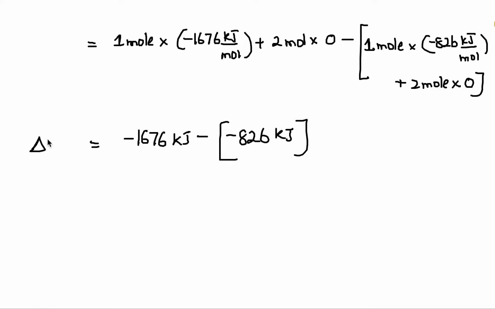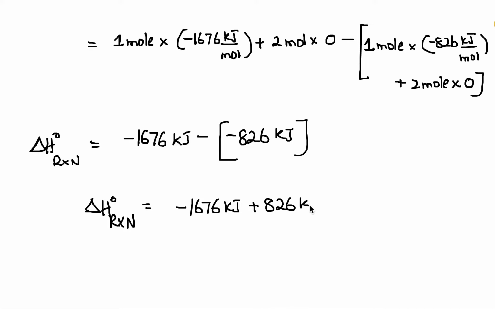So delta H naught reaction is equal to negative 1676 kilojoules, negative times negative, positive 826 kilojoules. So if we do the mathematics, what we get? Negative 850 kilojoules of heat.